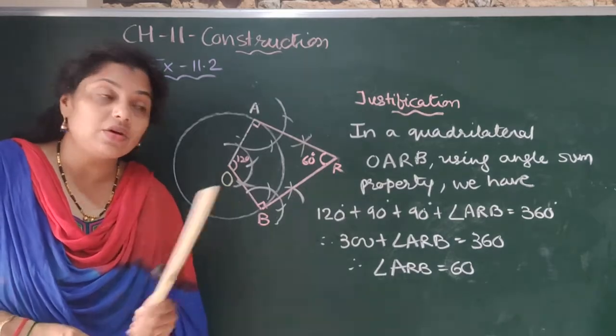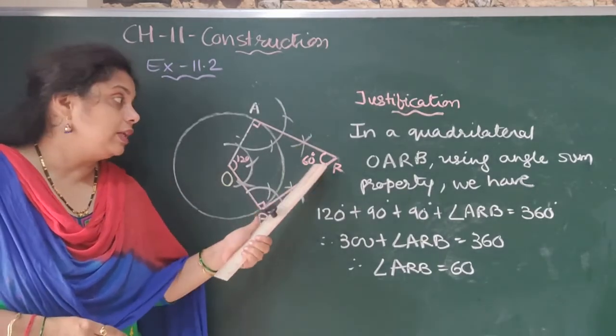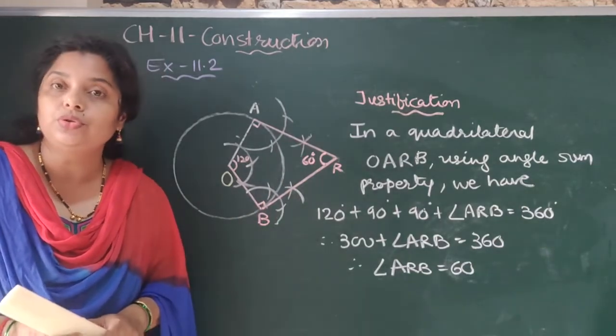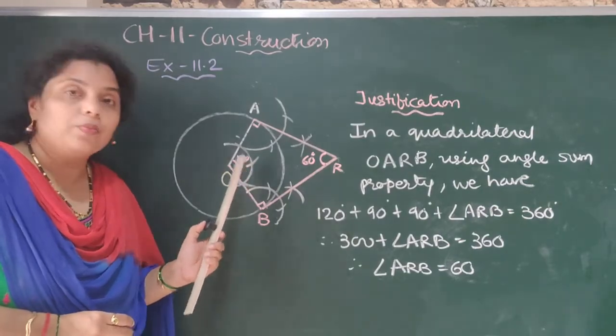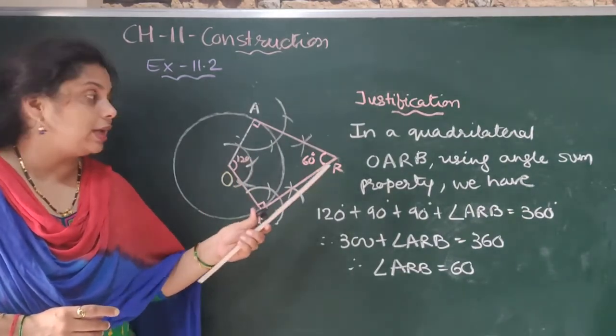Now instead of 60, if in the exam it is asked that the inclined angle is 75, then what should you do? At angle O, how to calculate this?